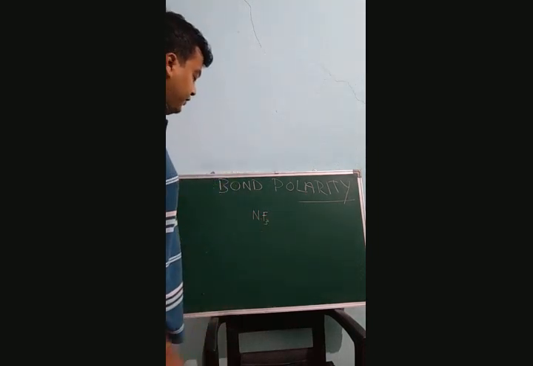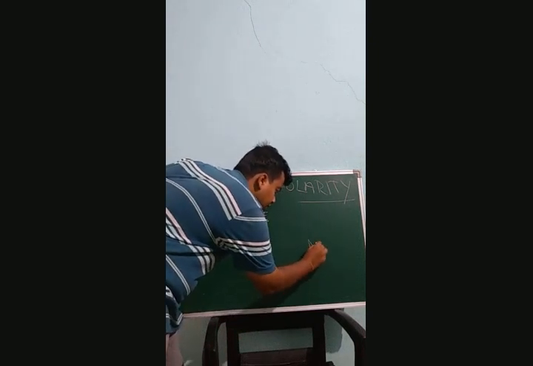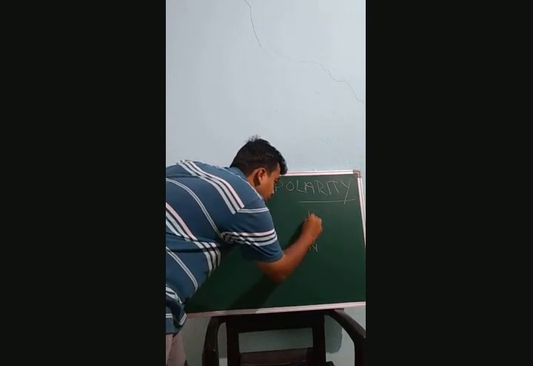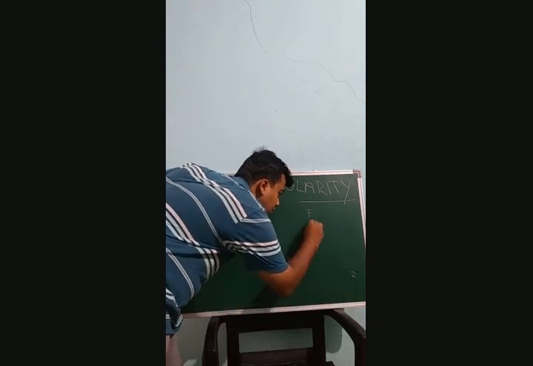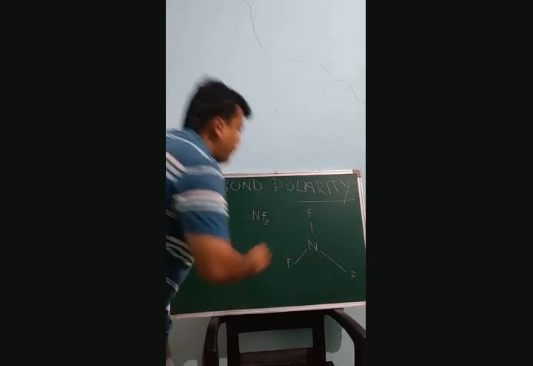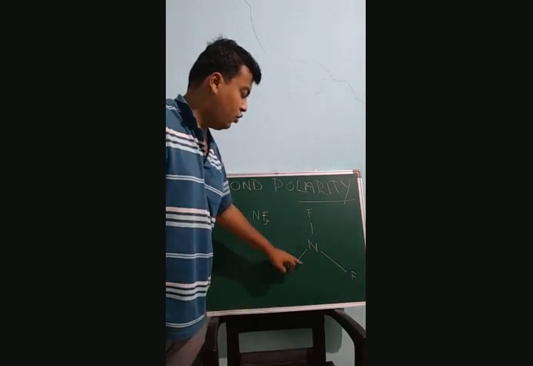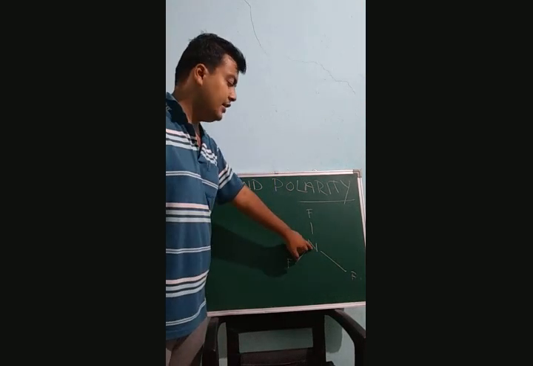In case of NF3, the central atom is nitrogen. So there are 3 covalent bonds and 1 lone pair that is left in the nitrogen atom.